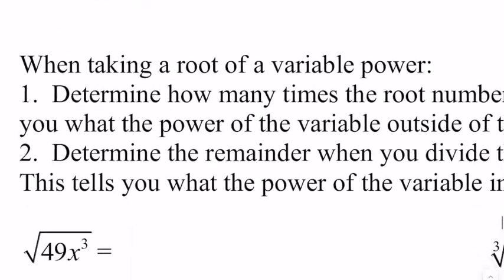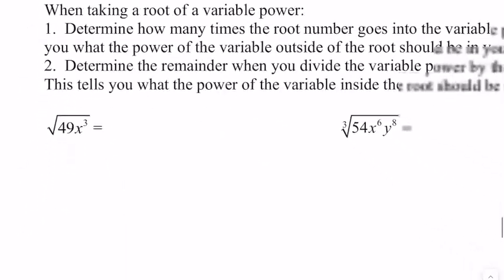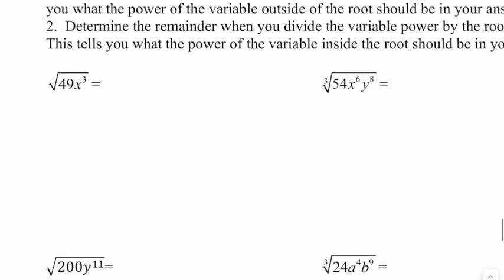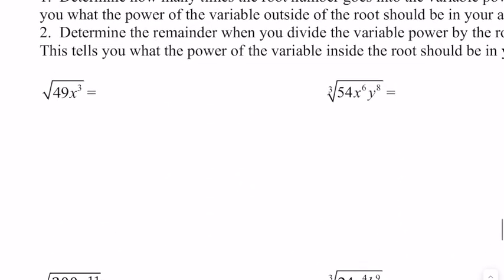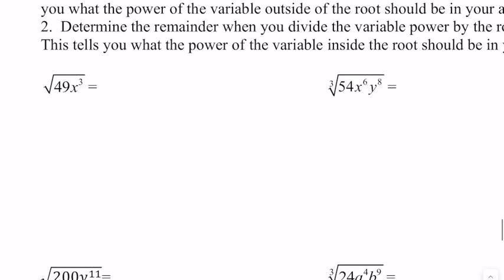Let's take a look at some examples of problems where we're putting this into practice. Our next example, we have the square root of 49x to the third. Let's think of the number and variable parts separately. For 49, the square root of 49, we put 7.